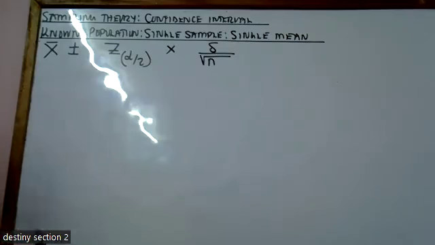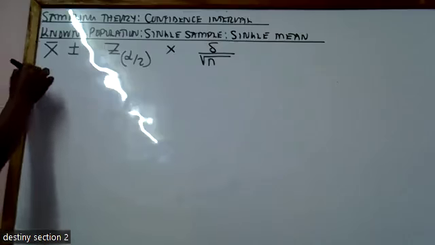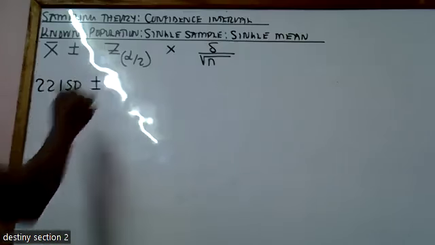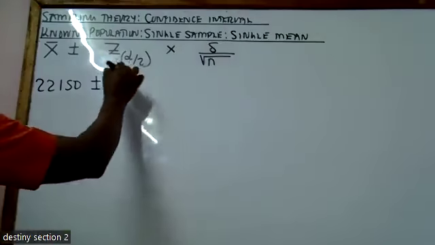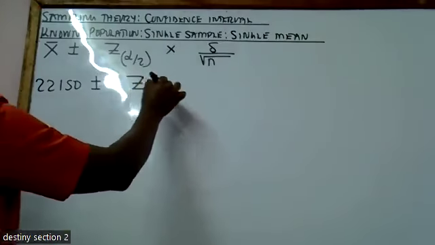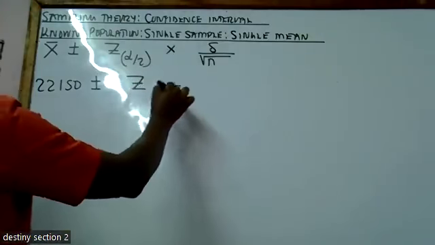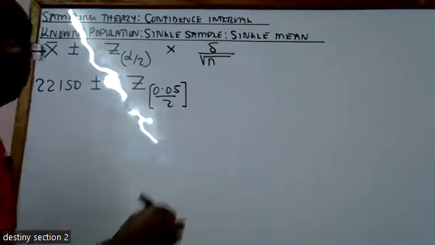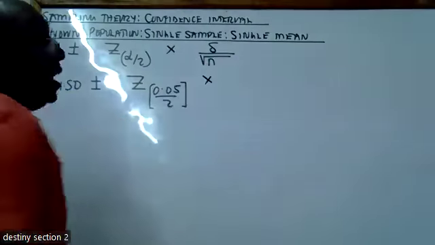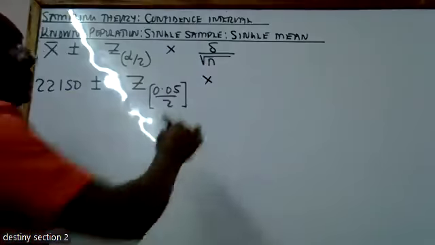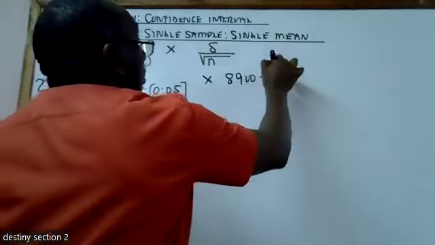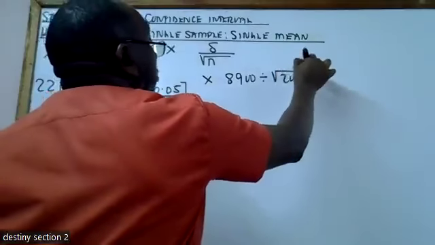If that is true, the mean is 22,150. So plus or minus Z at 0.05 out of 2 multiplied by the standard deviation, which is 8,900, divided by the square root of the sample size, 200.